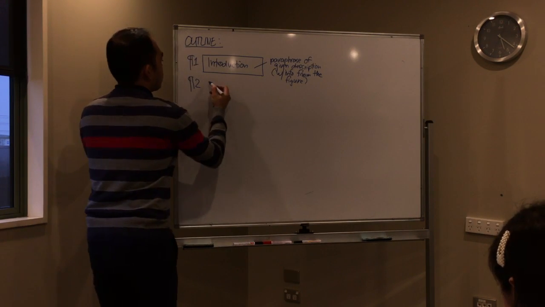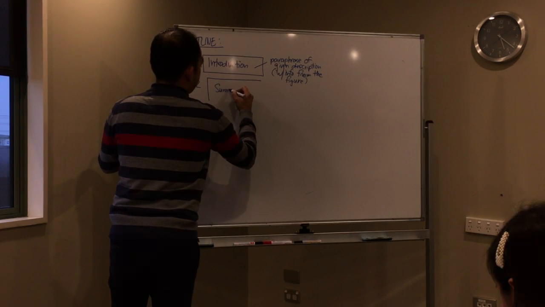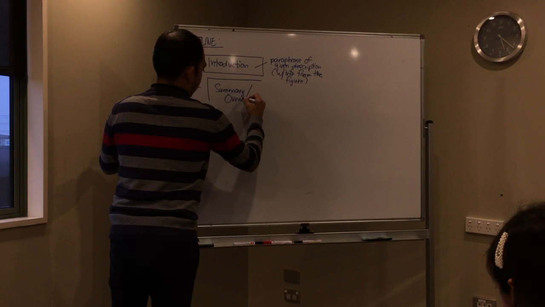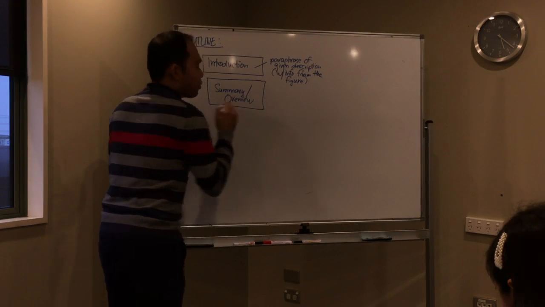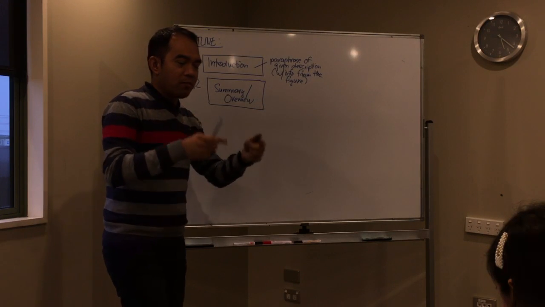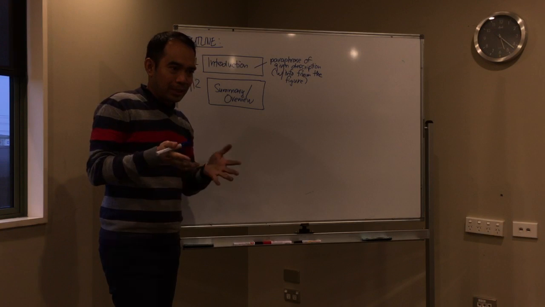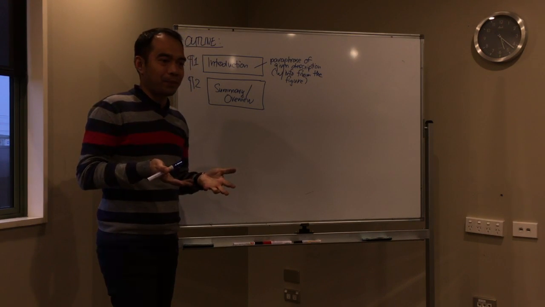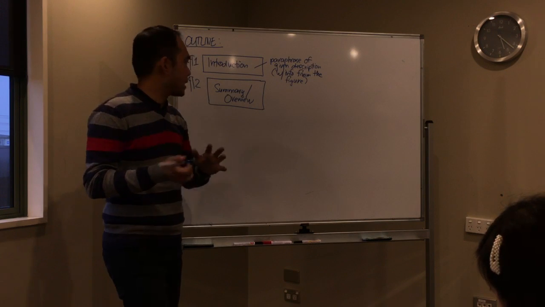So therefore, you need to have that summary paragraph or an overview paragraph, which means that even before you report, you should have a good idea what the graph is all about. And you therefore establish the patterns and the trends.